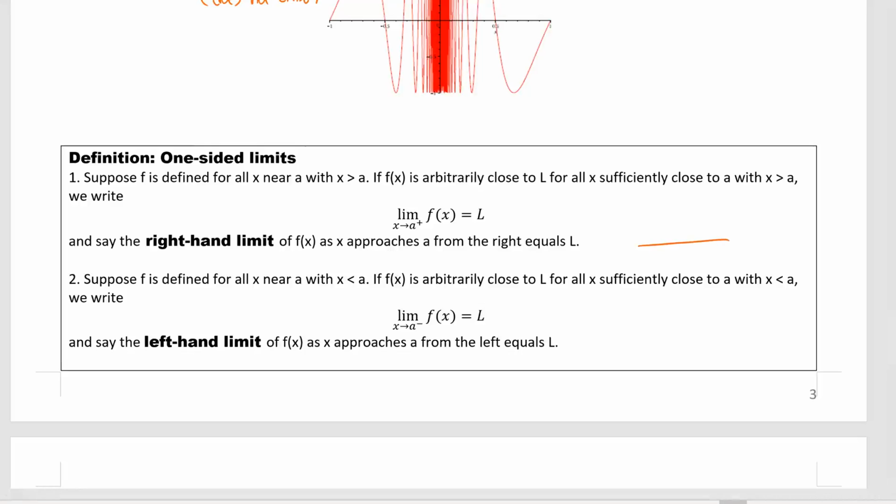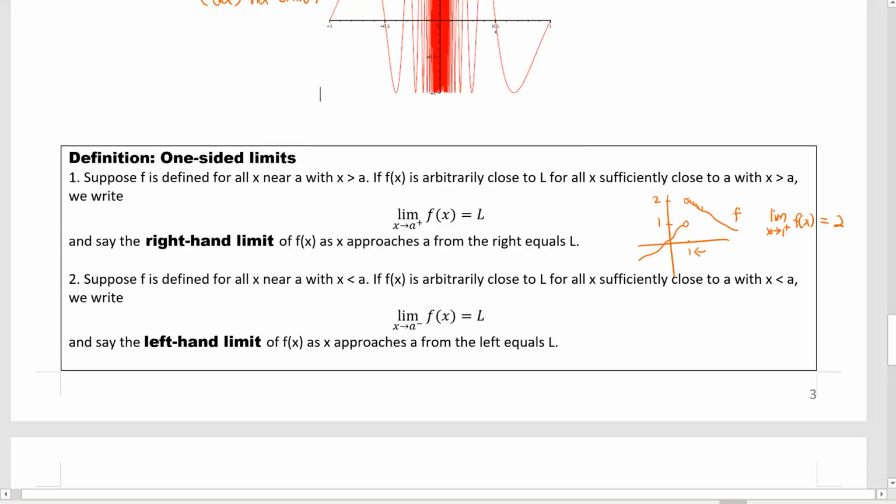So let me draw the picture. Let's say this is 1, and let's say this is 2. Okay, like that. Then what is the right-side limit? You can see when x goes to 1 from the right, we're actually on this piece, so the y approaches 2. So in this case, as x goes to 1 from the right, f of x equals 2.